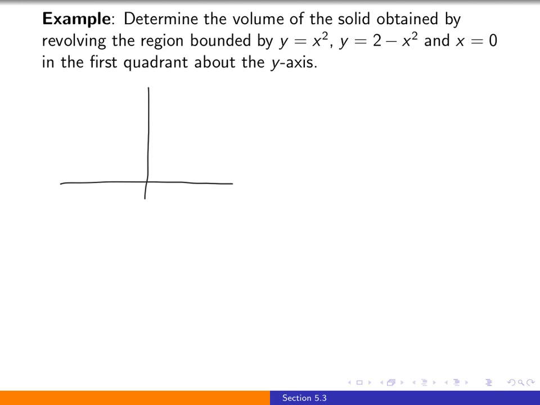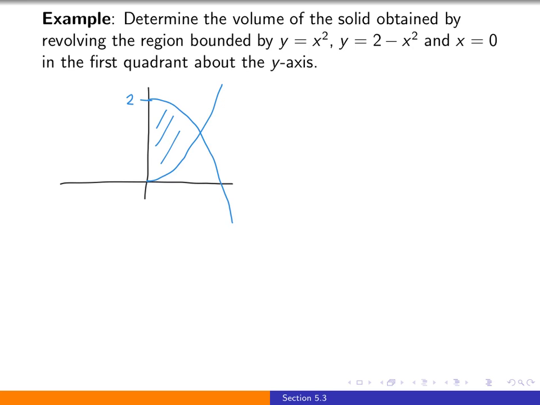We have y equals x squared, this kind of standard parabola opening upward. Then we have y equals 2 minus x squared. So it's going to have a vertex at 2 on the y-axis, and it's a quadratic opening downward. So we see this nice enclosed region.